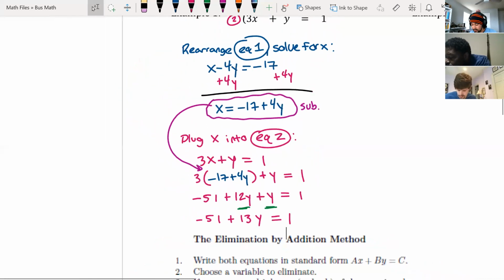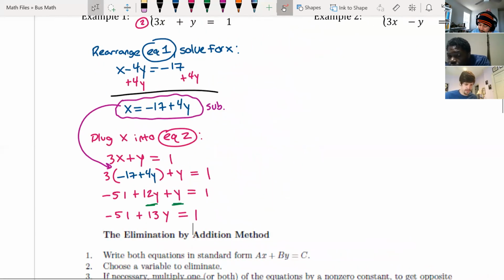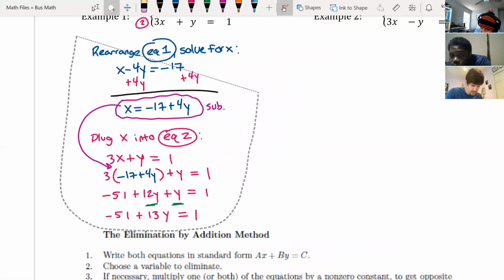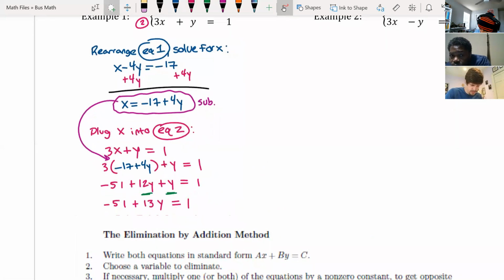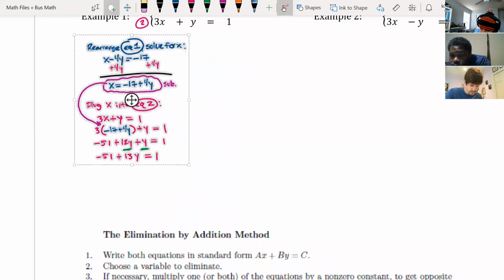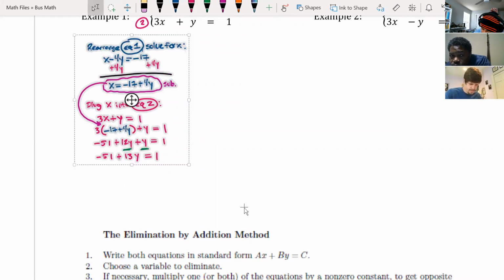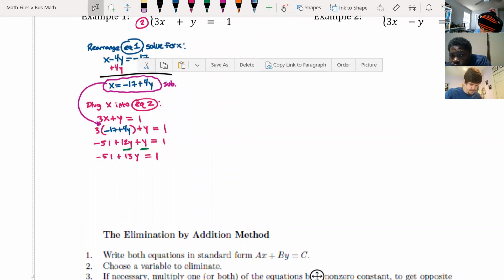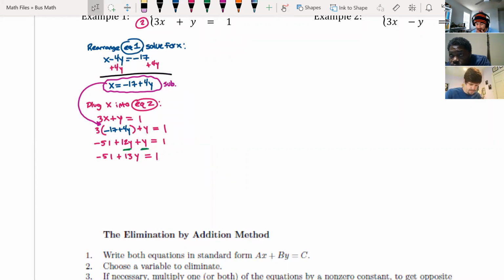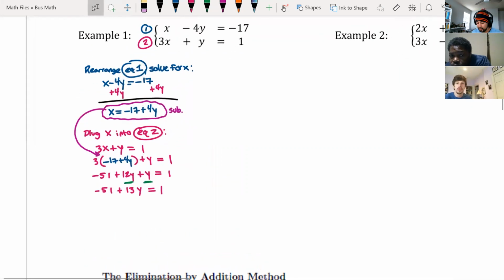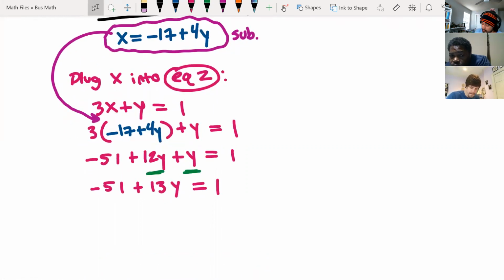All right, let me make this a little smaller. Okay, excellent. So I just made more room here. And now we're going to solve for y. So I'm going to add that 51 over.